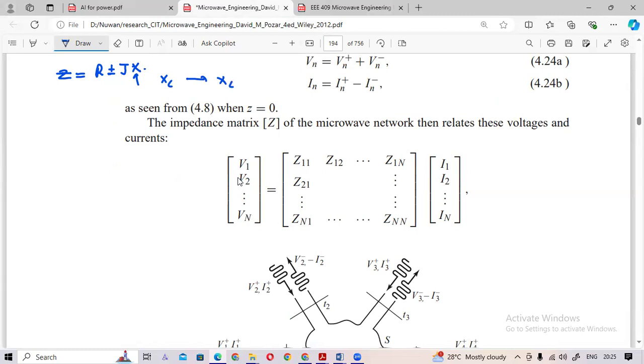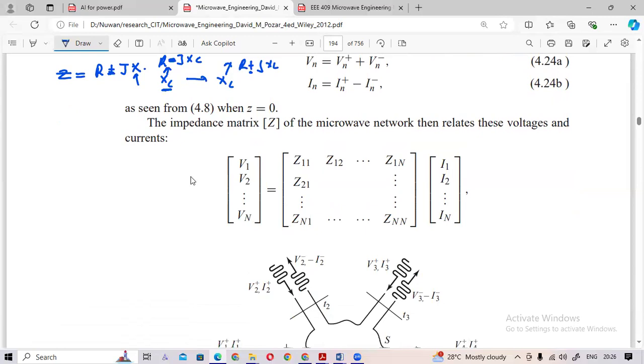If it is capacitive, the sign is minus, so the impedance will be R minus a value. If it is inductive, the sign is plus, so it will be R plus a value. So that is impedance.